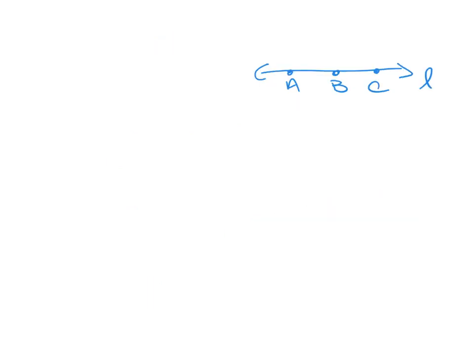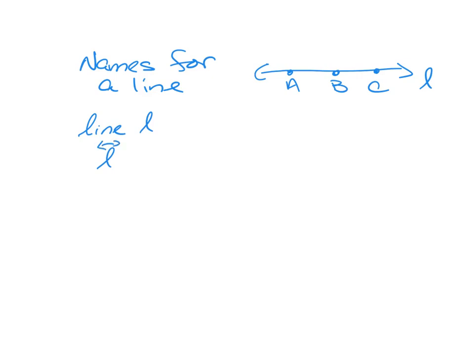There's a lot of ways to name this line. If there's a cursive lowercase letter outside of the line, you can name it that way. So that's line L, or an L with arrows in both directions on top of it. You see that?